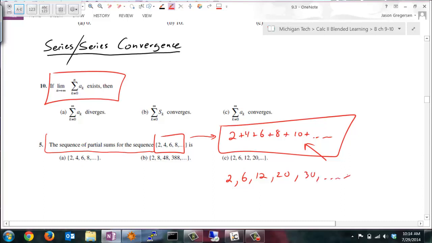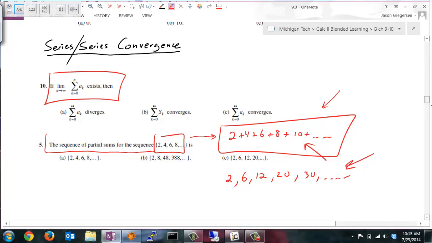Where I'm saying the sum of the first term, the sum of the first 2 terms, the sum of the first 3 terms. And I'm gathering up that sequence of partial sums. And I'm looking at that sequence. That sequence clearly does not converge here. Therefore, this sum does not exist. Therefore, this series does not converge.